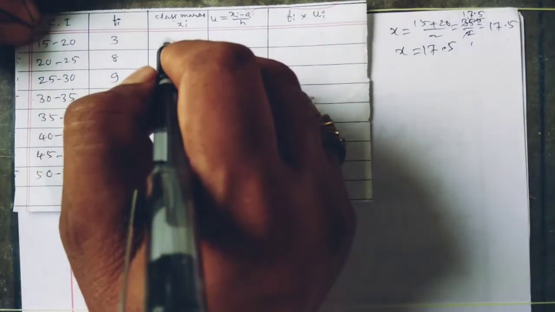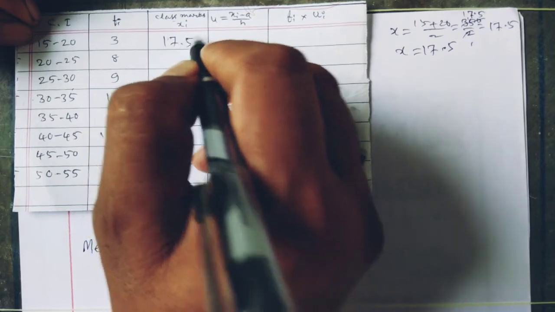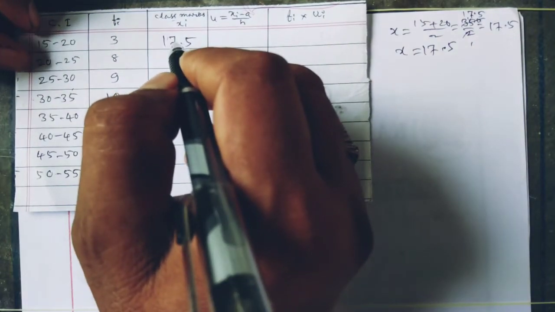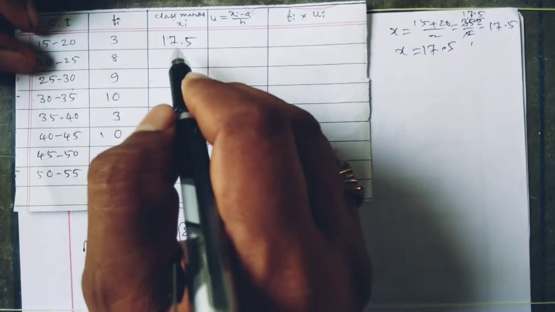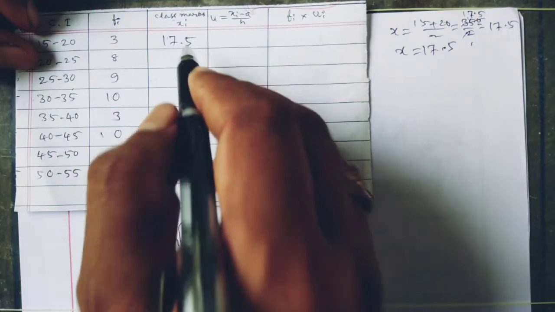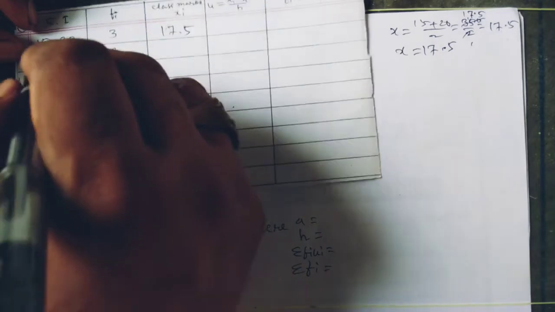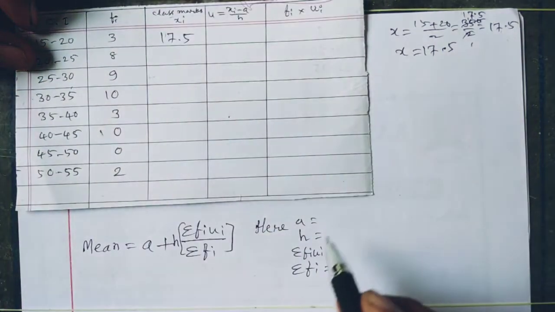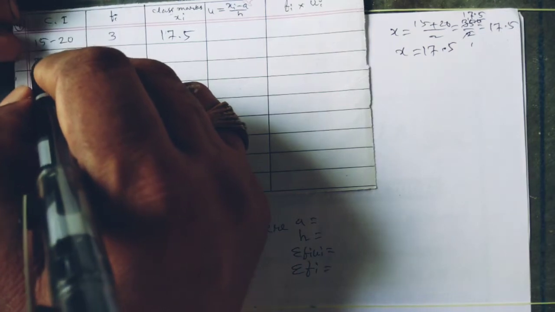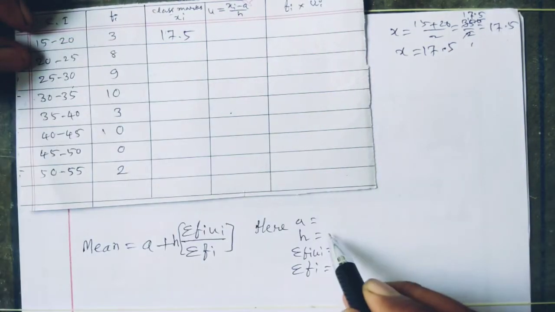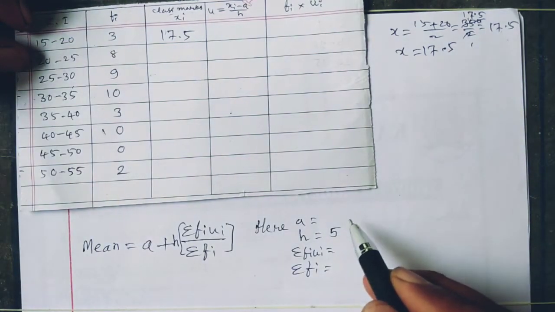Here we write 17.5. Basing on this class mark, we can easily write the others by adding the class height. How much is the class height? Difference of lower limits, 20 minus 15, 5. So class height is 5.